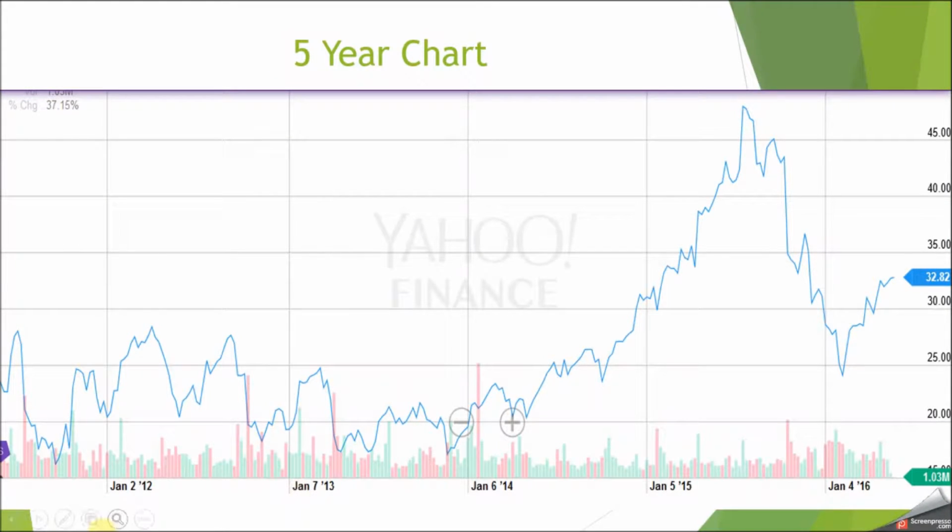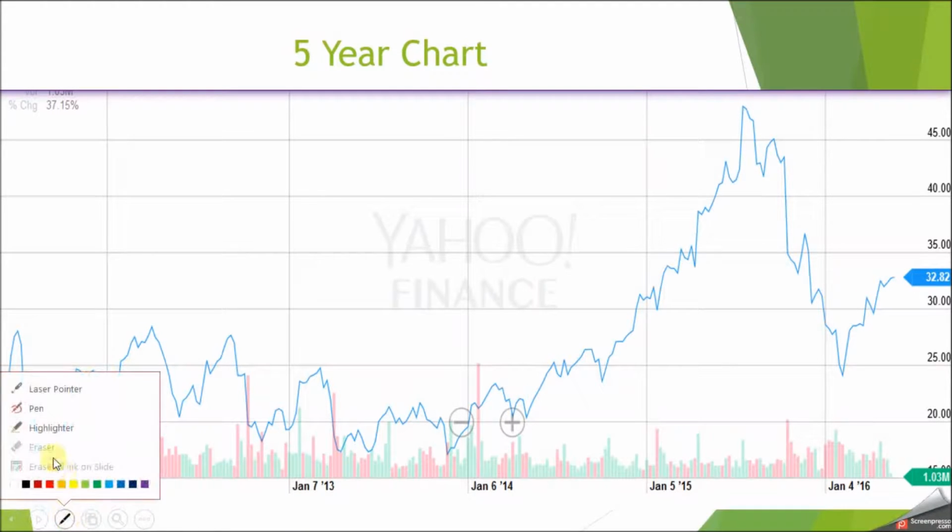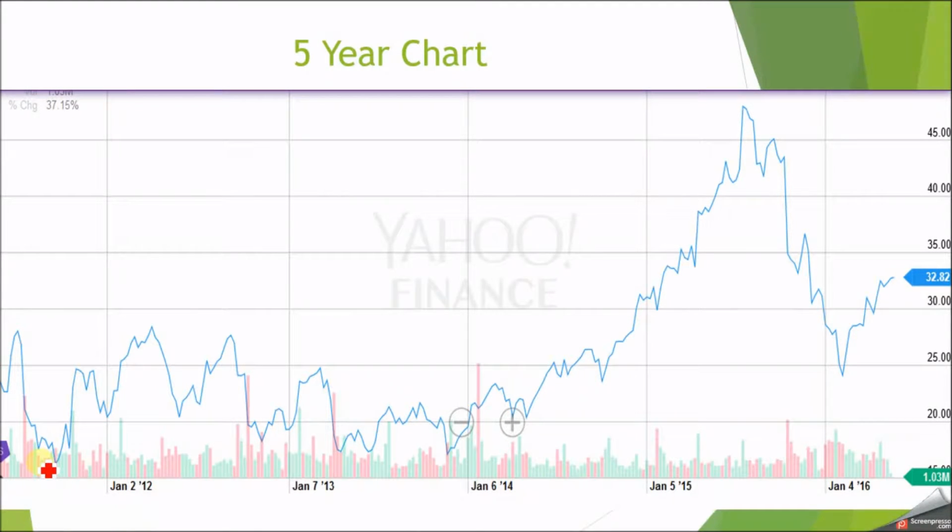So first, the 5-year chart. And as you'll see pretty quickly, we have a support here, a floor, and we've got a resistance here in the ceiling.